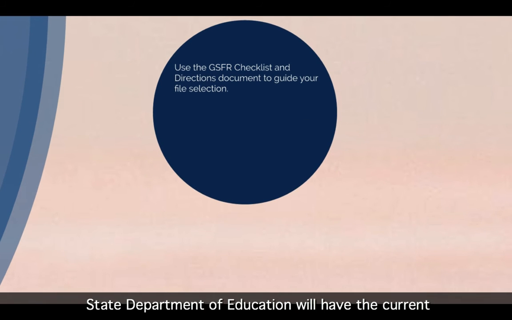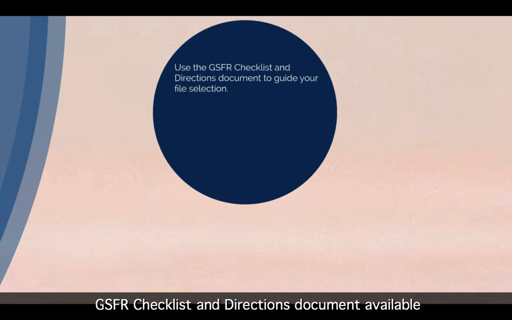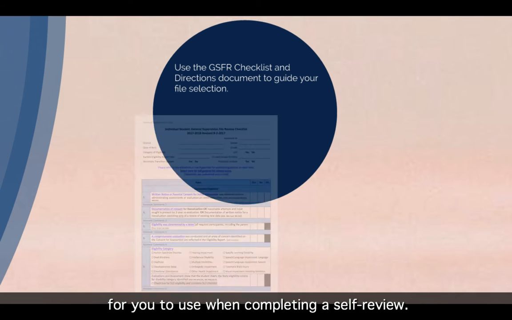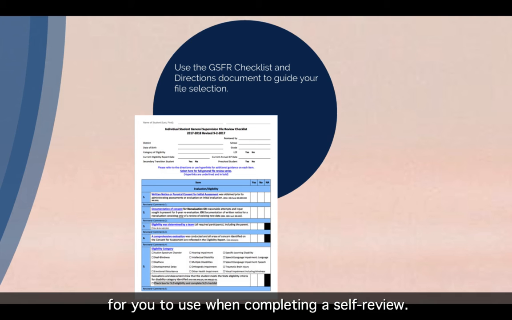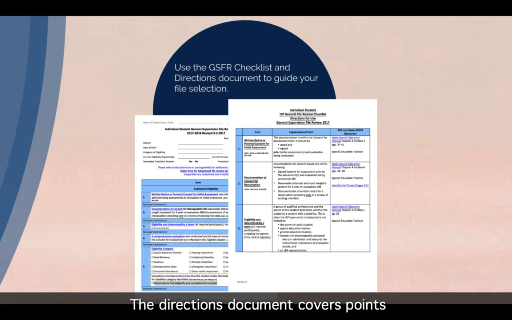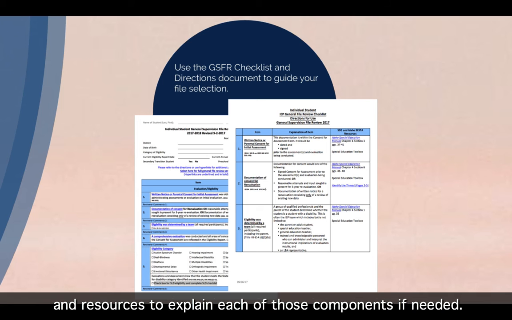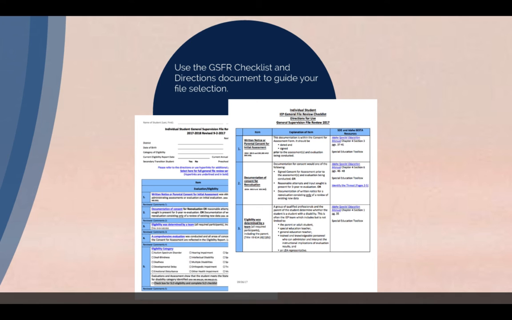The Idaho State Department of Education will have the current GSFR checklist and directions document available for you to use when completing a self-review. The directions document covers points to consider under each part of the checklist and resources to explain each of those components if needed.